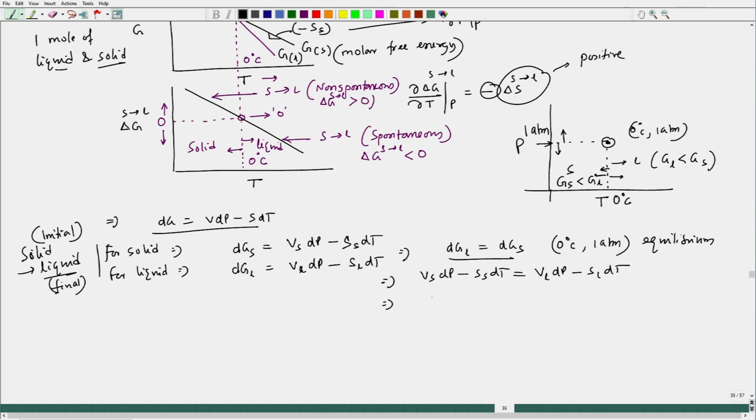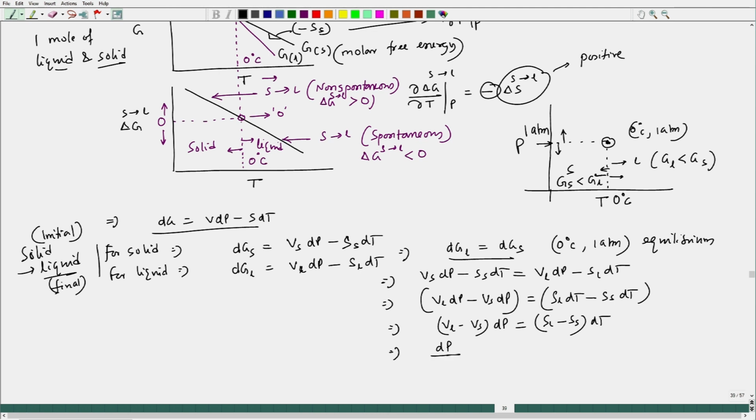So, I can write V L dP minus V S dP equal to S L dT minus S S dT. So, that gives me V L minus V S times dP equal to S L minus S S times dT. I can write dP by dT equal to S L minus S S divided by V L minus V S.